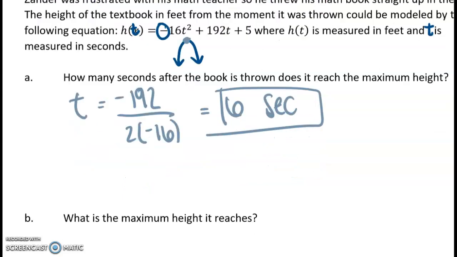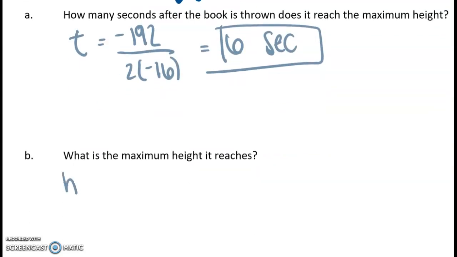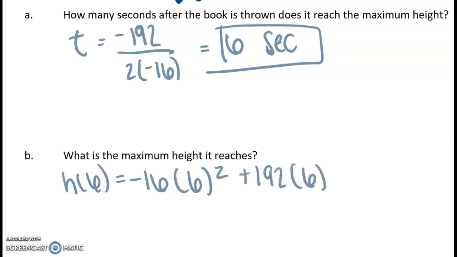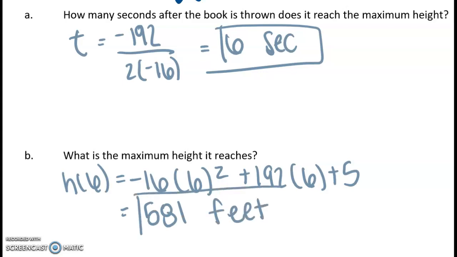Now to figure out what that maximum height is, I'm going to take that 6 and substitute it in. If you do all of this math, you can use your calculator. You should get 581 feet. Now that's our vertex. That's the coordinates of our vertex.